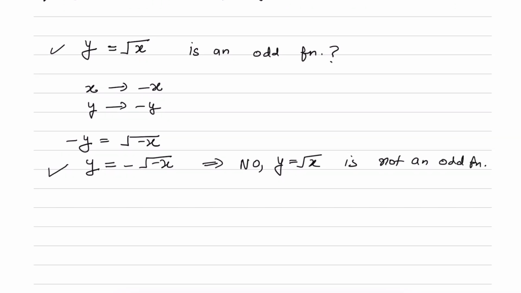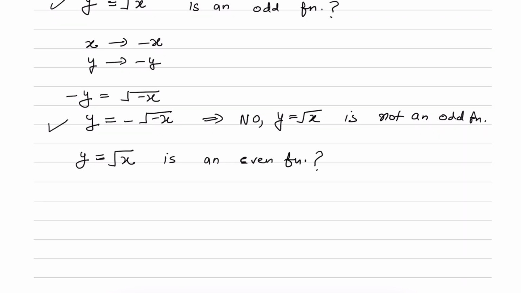So if it is not an odd function, then is it an even function? So we are going to check if y equal to square root x is an even function. By the definition of an even function, it should be symmetric about y-axis, and to check the symmetry about y-axis we replace x by minus x, and we do that here. Y is equal to square root of minus x.